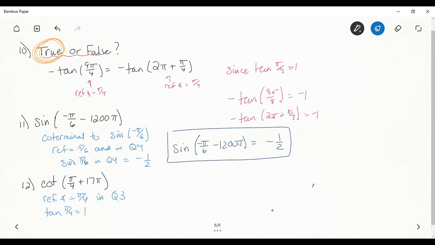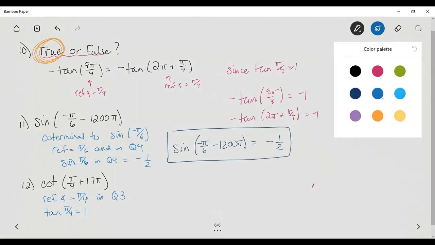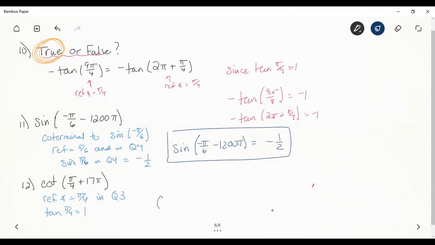Since it's in quadrant 3, it's positive, and the reciprocal of 1 is also 1, then the cotangent of pi over 4 plus 17 pi is equivalent to 1.